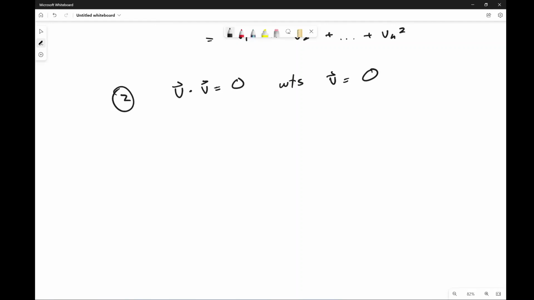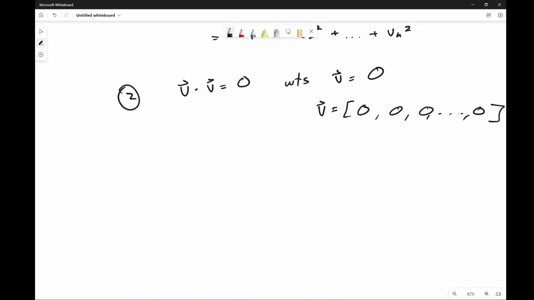So again, what does it mean if the vector is equal to 0? That means all of the characteristics of the vector are equal to 0. 0, 0, 0, and then 0. So we want to show if we have this with V dot V, then we have this.